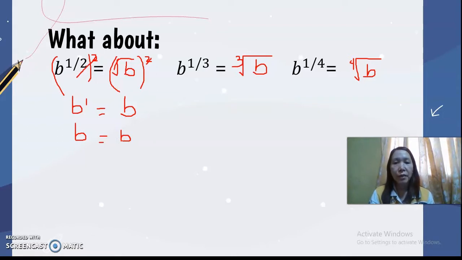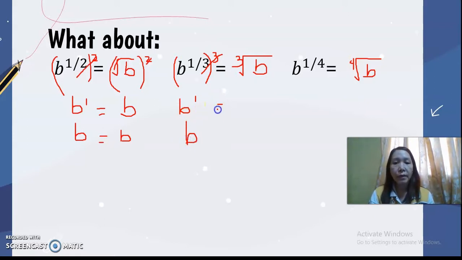Next, b raised to 1/3. Again, the exponent is 1/3. What will you multiply to 1/3 to make 1? Of course, the reciprocal of 1/3 is 3. So we are going to cancel this out, and b is equal to b raised to 1. And we knew that b raised to 1 is also b.